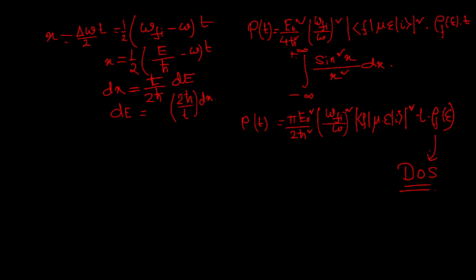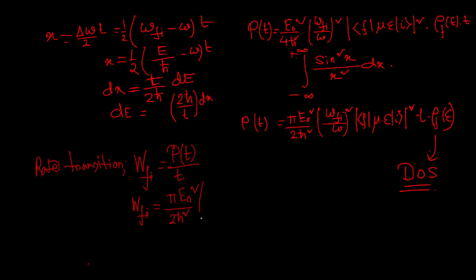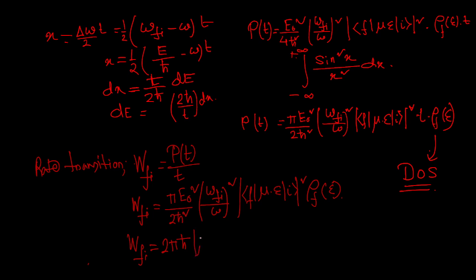So rate of transition by another factor is nothing but total probability of transition by T. So rate of transition can be written, in short form, as 2 pi h cut mu square.